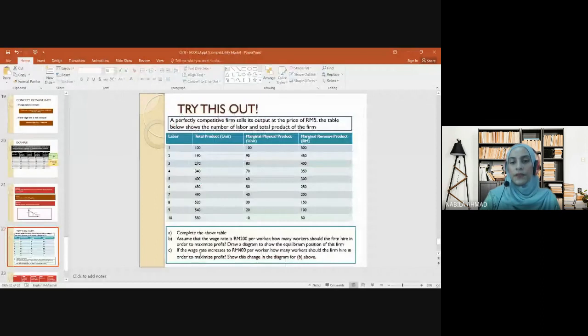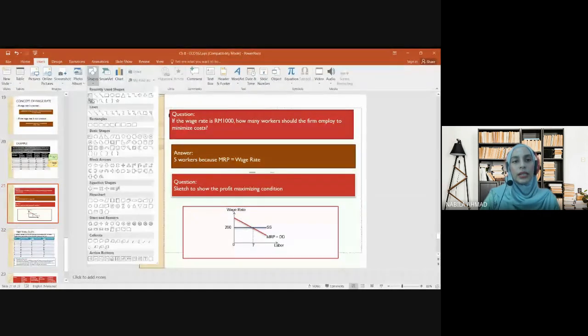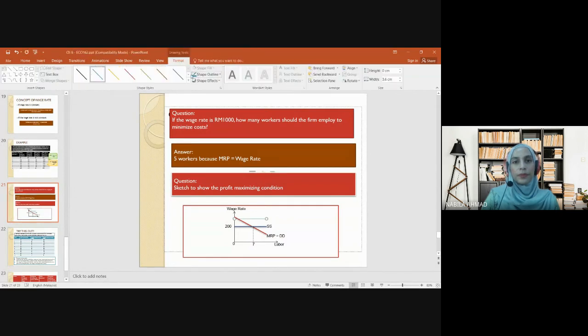And then, if the wage rate increases to 400, how many workers should the firm hire? Kalau wage meningkat, mesti dia akan hire less number of workers. So MWC equals MRP at 400. Berapa number of labor? 3 sahaja. Jadi disuruh lukis at the same diagram. Jadi macam mana kita nak lukis? So supply curve akan jadi upward sloping di sini. Dia dah berkurang lah di sini, number of labor.